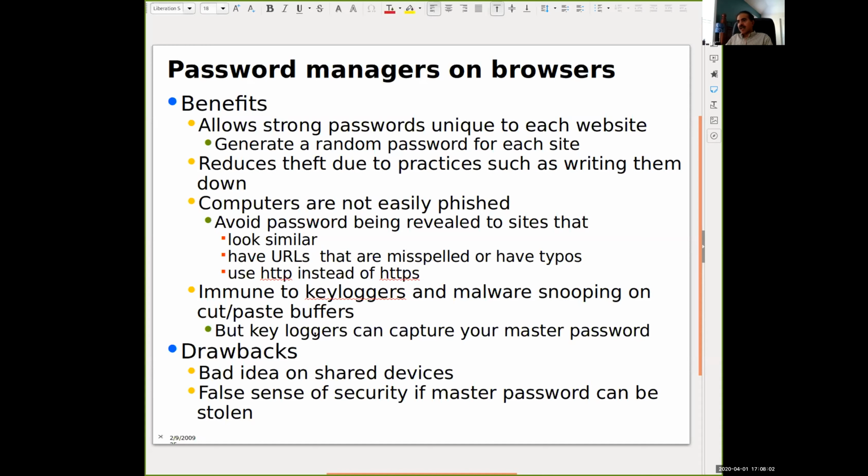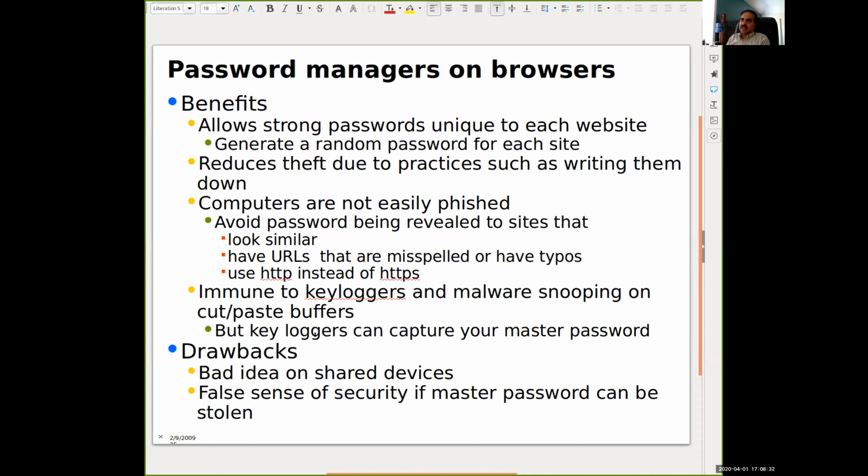Of course, if you have a keylogger, then the keylogger may be able to steal your master password when you type the master password. So that is certainly a problem. But at least since you're not typing your password to each website all the time, then the window of time during which some malware can steal a password is somewhat limited.